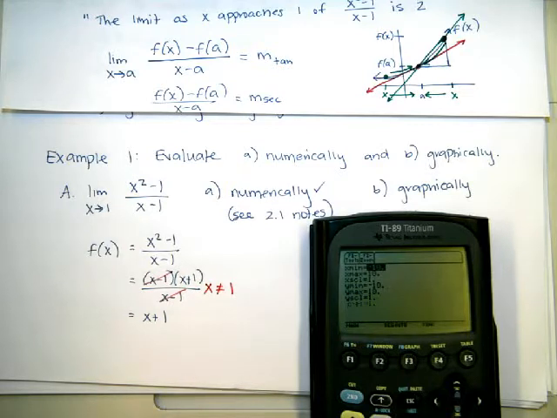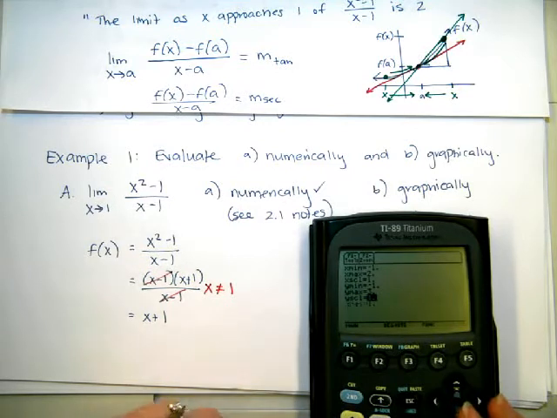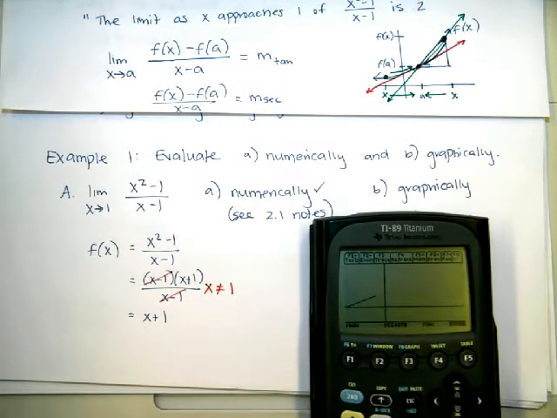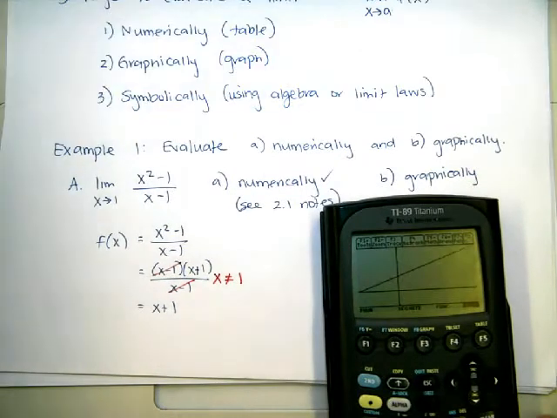So I'm going to make this negative 1 to 2 for the x, and negative 1 to 3 for the y. This gives me a little bit better view of what's happening.